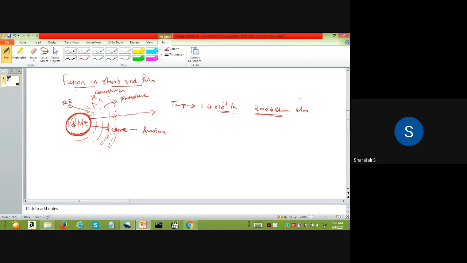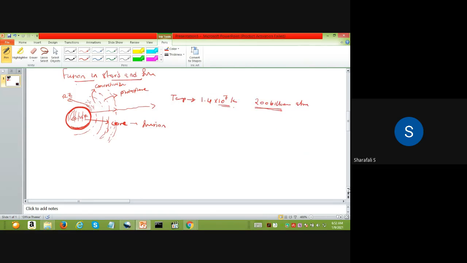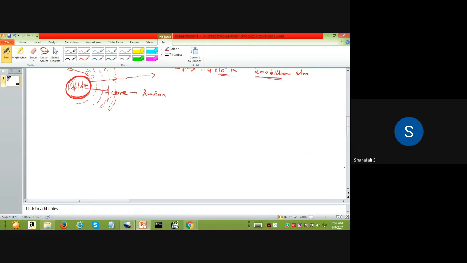Why? Because the concentration of these ions, the nuclei undergoing fusion, for example protons and neutrons, is very large. That makes a very high pressure situation in the core region of the sun, with a very high temperature. All these things contribute to the fusion reaction.